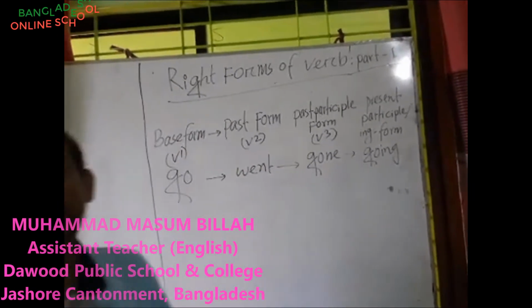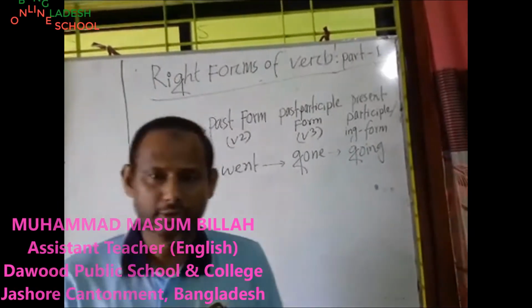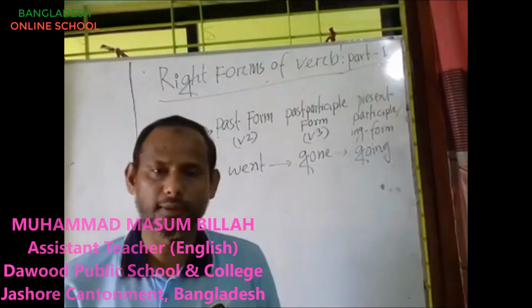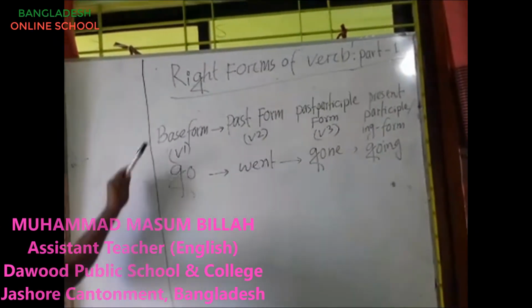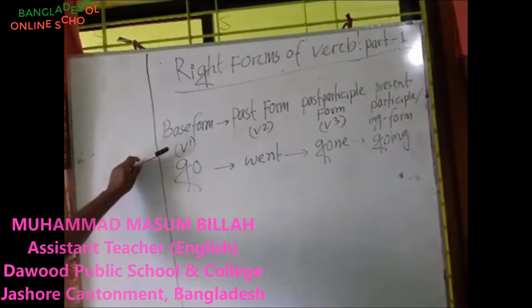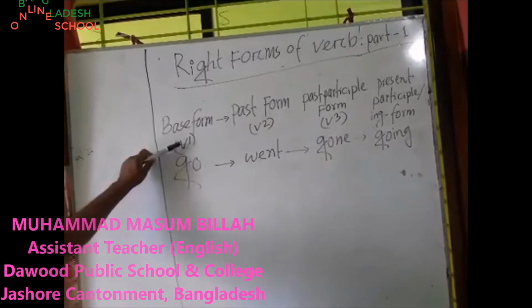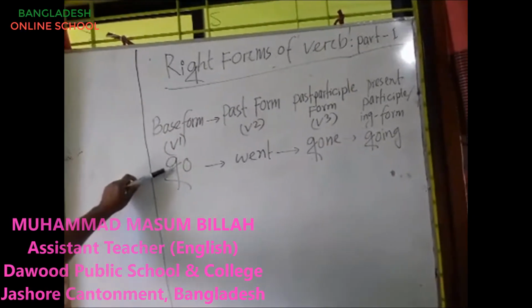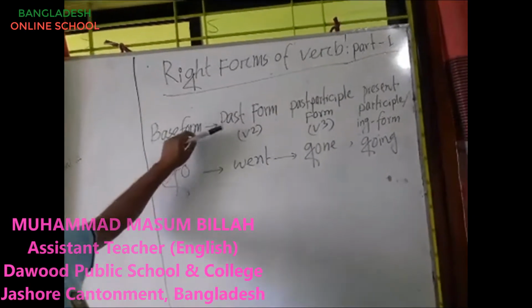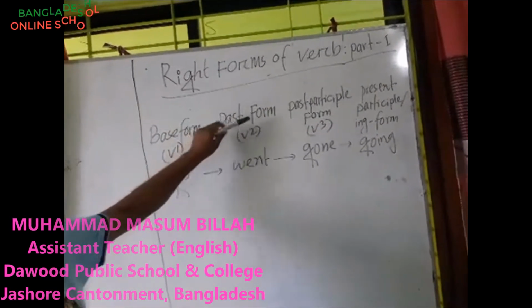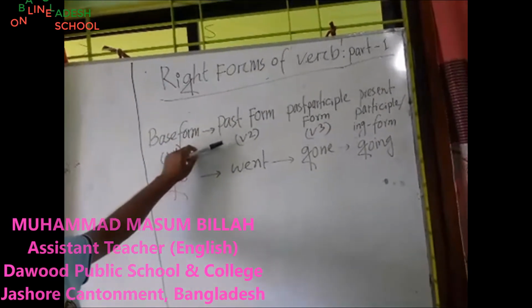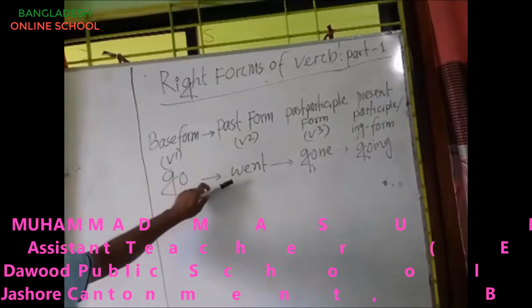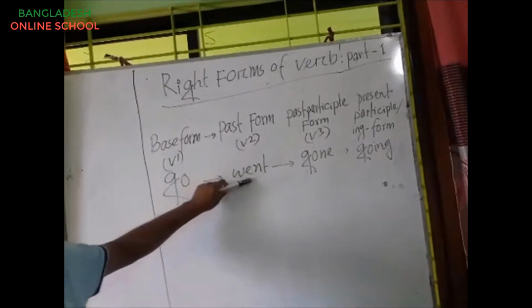You know that a verb has four forms. One is base form, we call it V1. Example, go. Another form is past form of verb, we call it V2. For example, went.